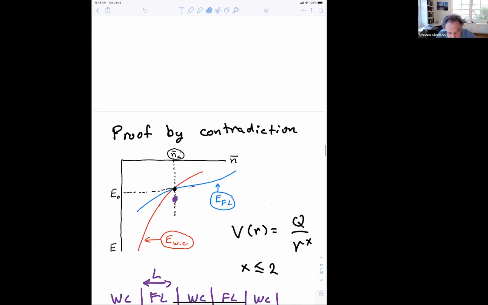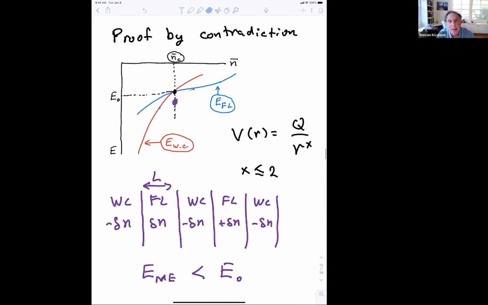So the proof is a proof by contradiction. So first, assume that there is a first order phase transition between a Wigner crystal and a Fermi liquid. Here I've sketched that situation. I've looked at the density as a function of n bar. N bar is the positive background charge.